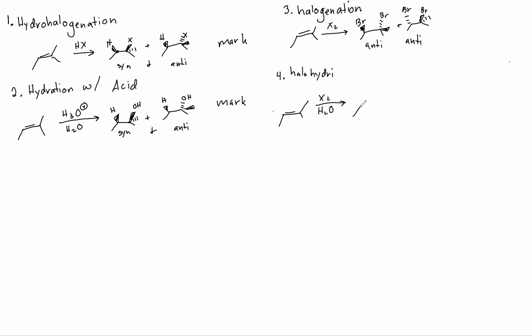And so then we also end up with anti-addition only. Oops, meant to draw that as a dashed wedge, whatever. And we can see here that we add in a pseudo-Markovnikov way, wherein the X, our halogen, adds to the less substituted carbon. So anti, and then plus, I'm going to put like about Markovnikov. It's something very similar, okay?